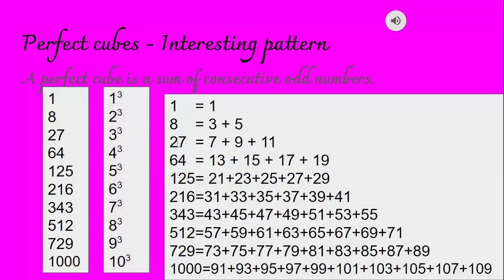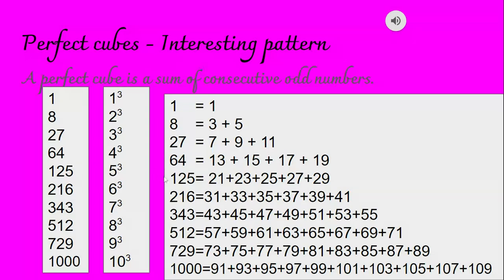When it was 27, 27 is 3 cube. Then it was the sum of three consecutive odd numbers, 7, 9 and 11. When it was 64, which is 4 cube, then it was the sum of four consecutive odd numbers, that are 13, 15, 17, and 19.